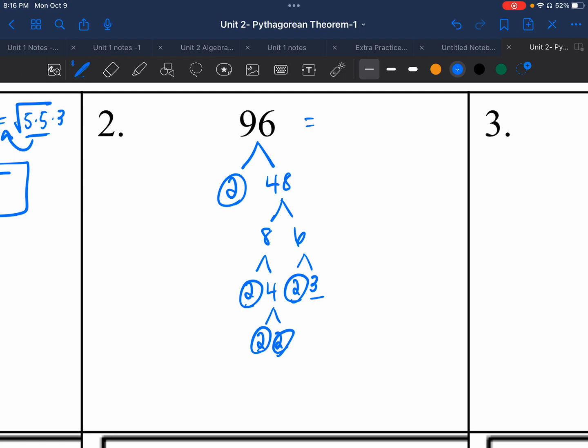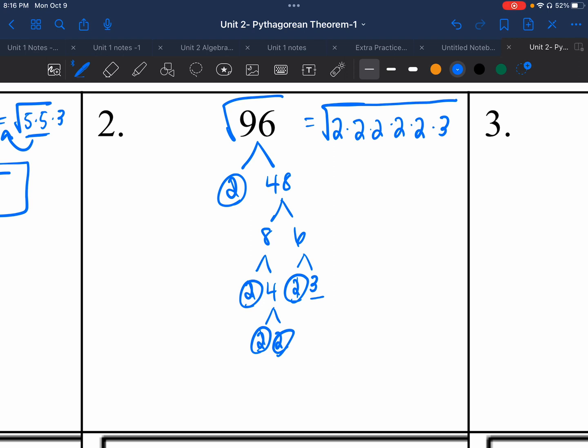So let's rewrite this. The square root of 96 is equal to the square root of 2 times 2 times 2 times 2 times 2 times 3. We had 1, 2, 3, 4, 5 twos, and then we need that 3 in there. So remember, it's 2 under, 1 out.